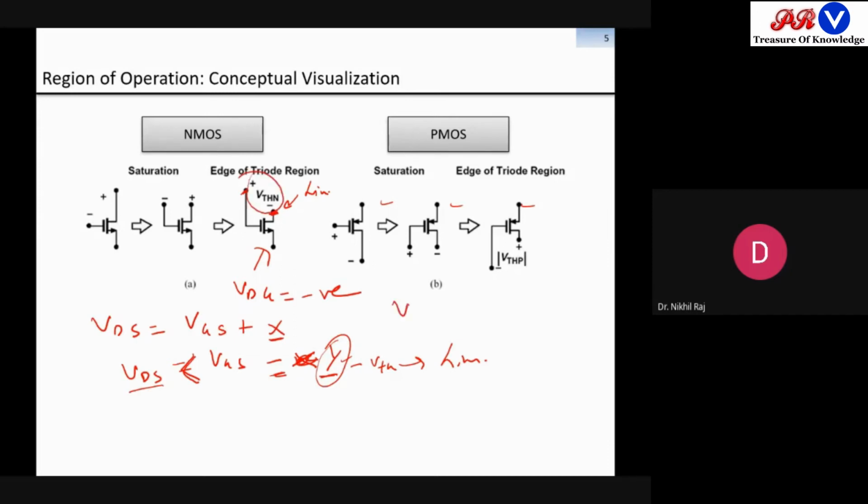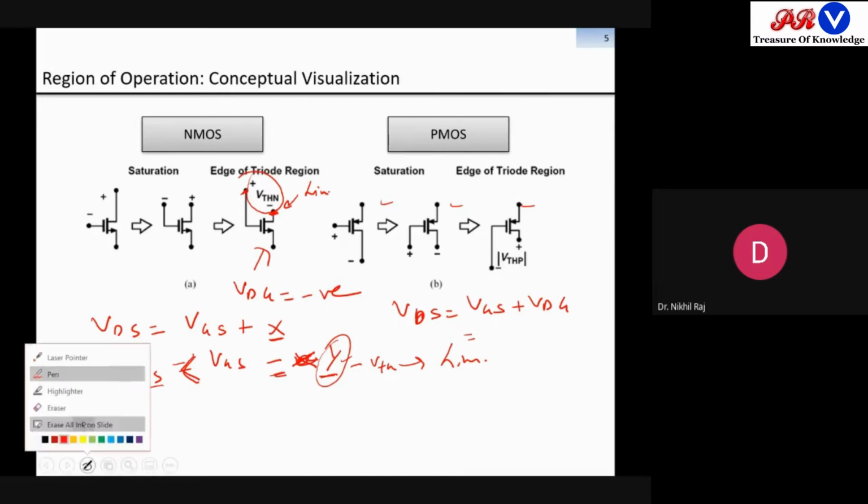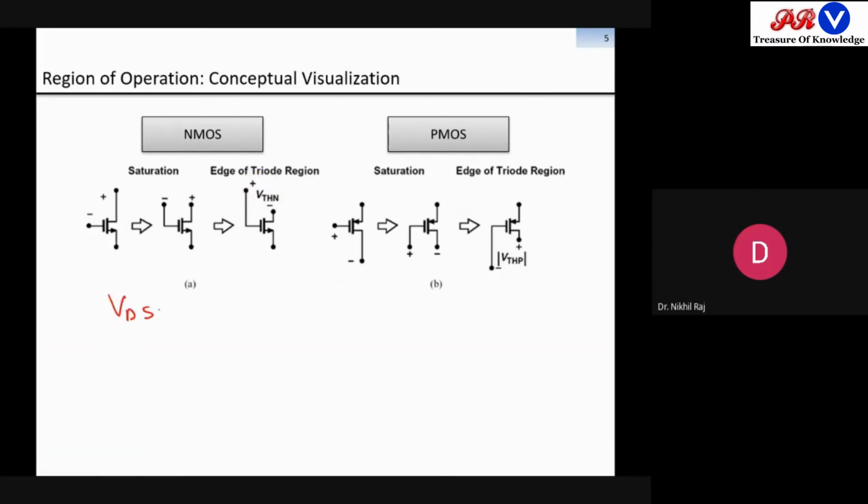Why is it done? We know VDS is equal to VGS plus VDG. Fine. So VGS equals VG minus VS, plus VD minus VG. VDS is equal to VDG minus VSG.